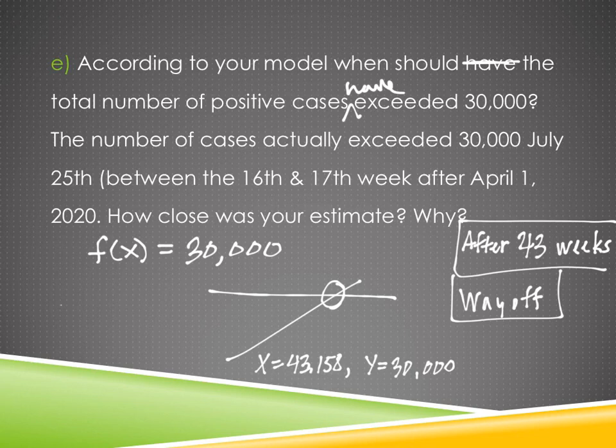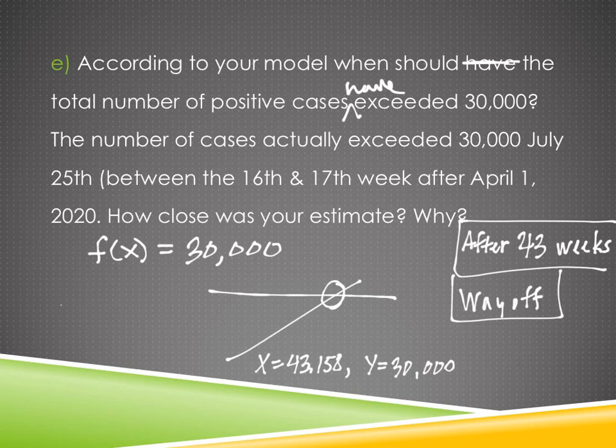That's really far out from the data that I've already got. Does that make sense? If we were predicting, say, 7,000 cases, we'd probably be fairly close, because 7,000 isn't too far off from the 4,852 we already have. But 30,000, pretty far off. Any question on the problem?